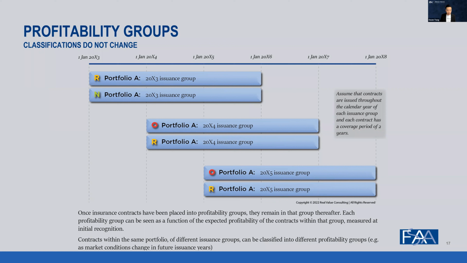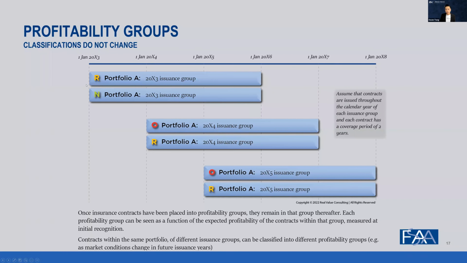In this illustration, if we assume that each contract has a period of 2 years, the reason this bar goes over a 3-year period is because I'm assuming that you're issuing contracts during the first year. So a contract issued towards the end of the first year will still have 2 years remaining.